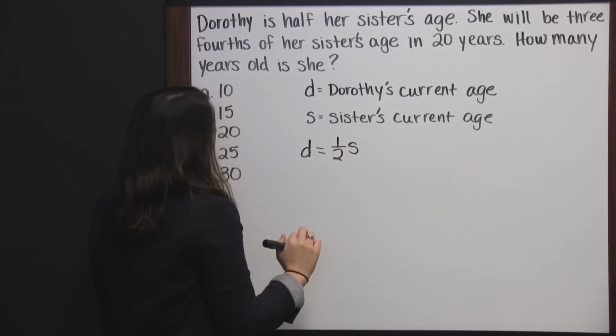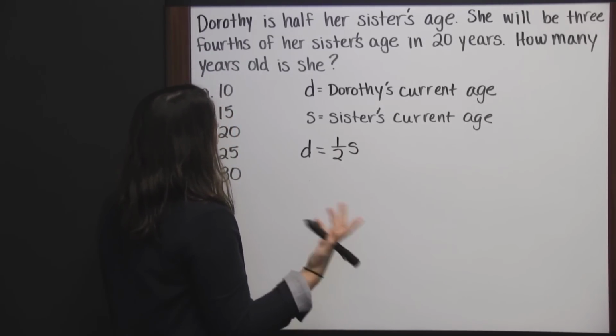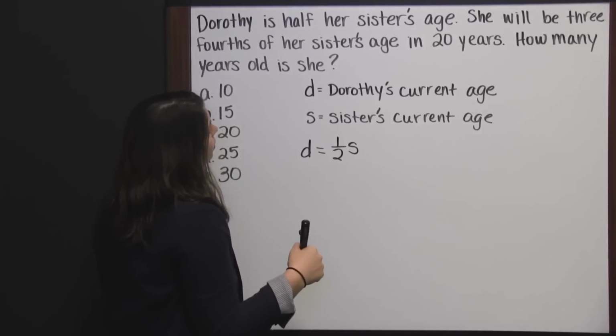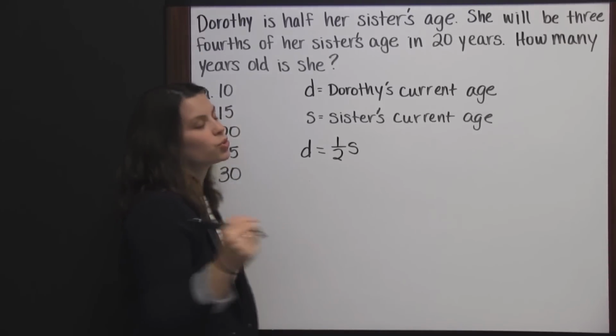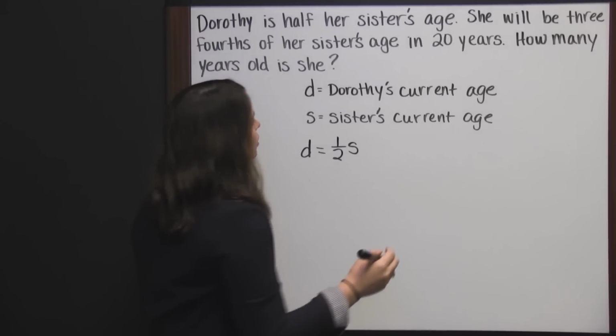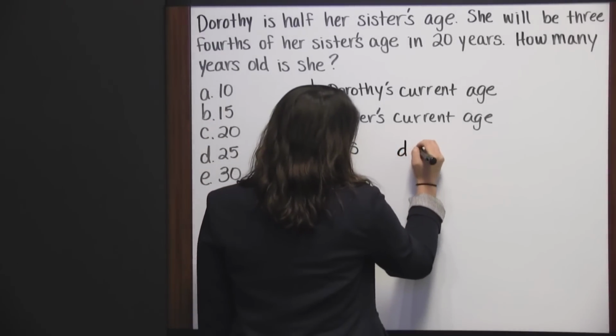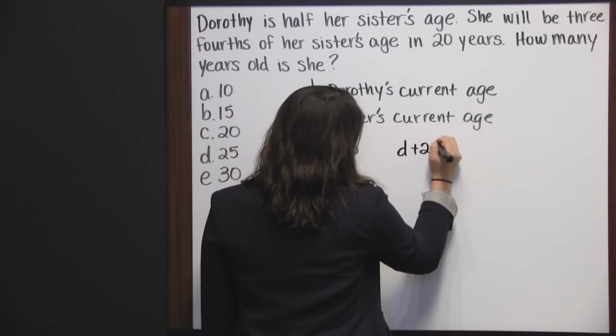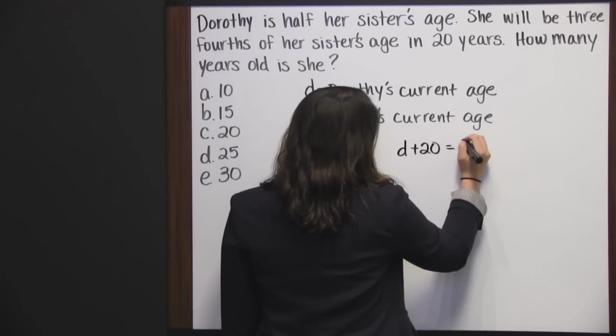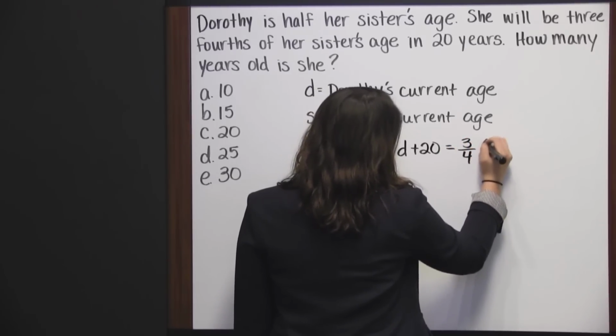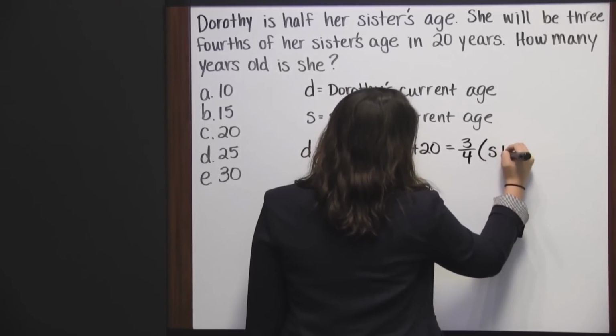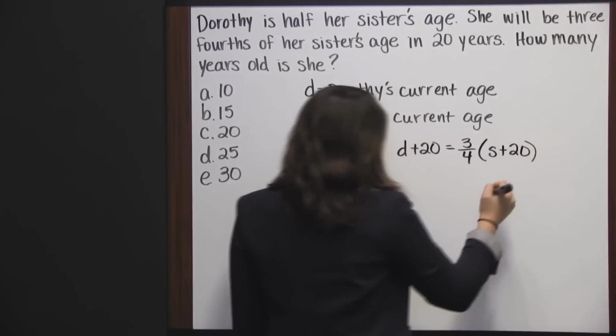The next sentence says she will be, so Dorothy, will be 3/4 of her sister's age in 20 years. So Dorothy in 20 years will be 3/4 of her sister's age in 20 years.